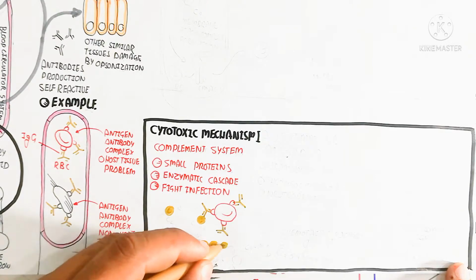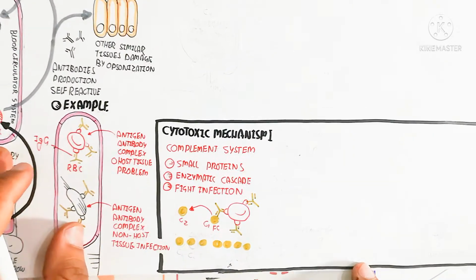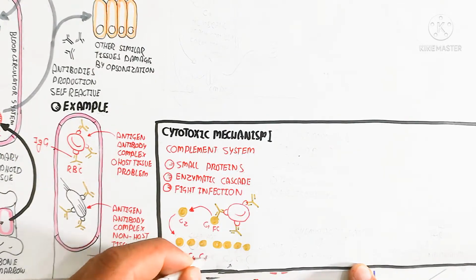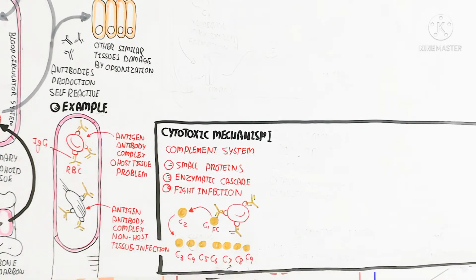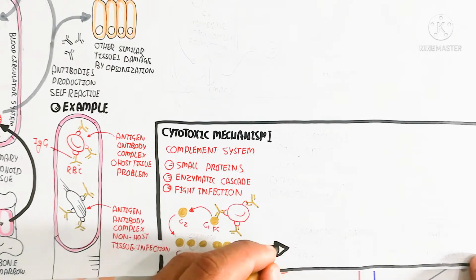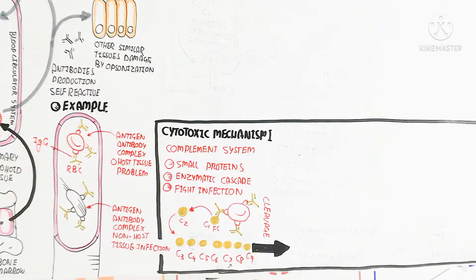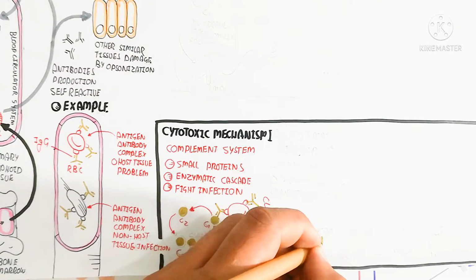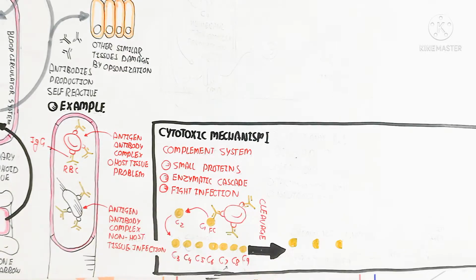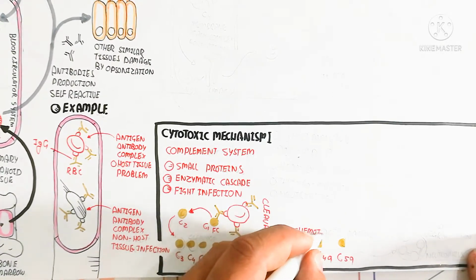After recognition via antigen antibody complexes, the Fc portion of the antibody binds with C1 protein, which triggers C2, C4, and C3 to C9, and this cleavage formation activates the proteins to create C3a, C4a, and C5a.